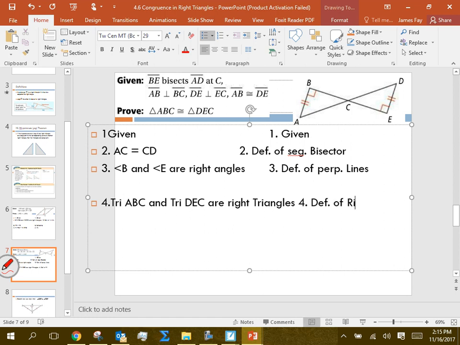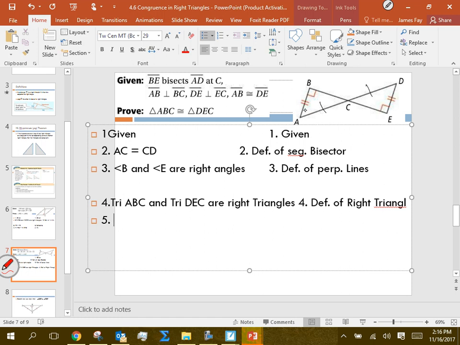Definition of right triangles. I'll just misspell so I can fit it all in that line. So now, we already wrote that AC is congruent to CD.